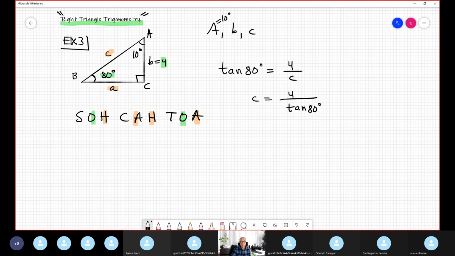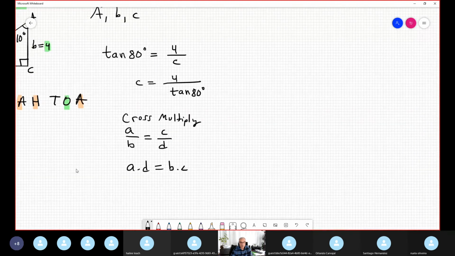Guys, one fantastic way, look. When you have a proportion, you know that we can apply cross multiply: A times D is equal to B times C. This is correct. However, we have a shortcut. In the majority of scenarios, we have, for example, A equal to C over D, no?